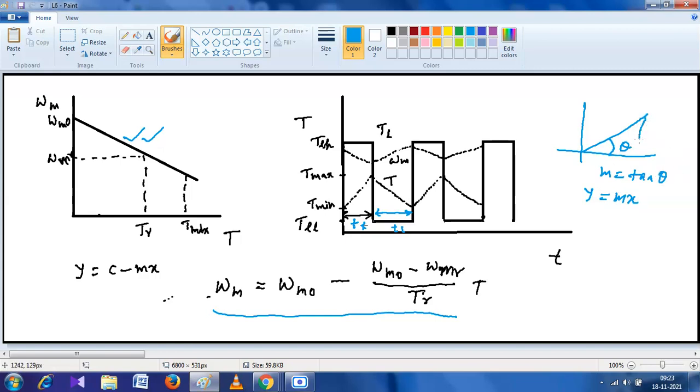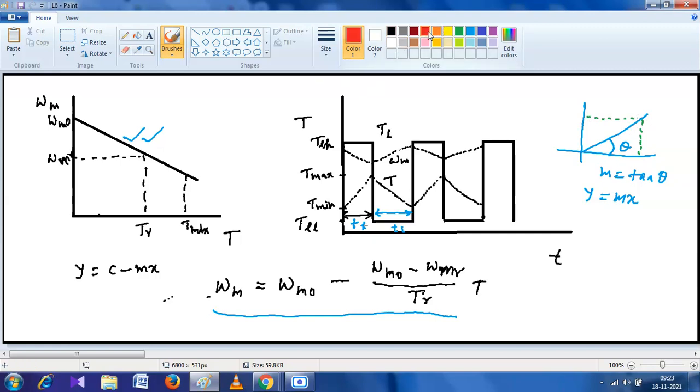And if we take a point like that, then what should be the value of tan theta here?